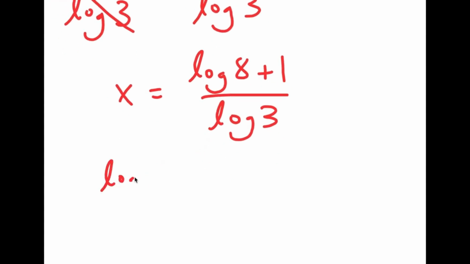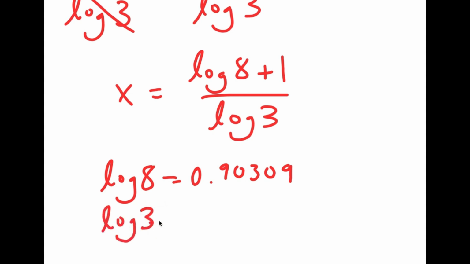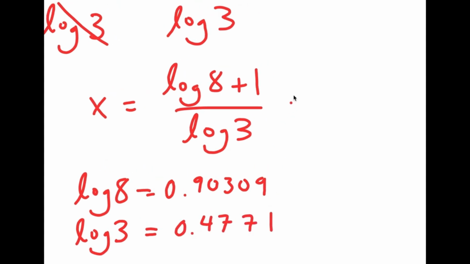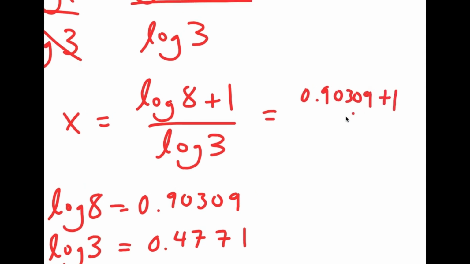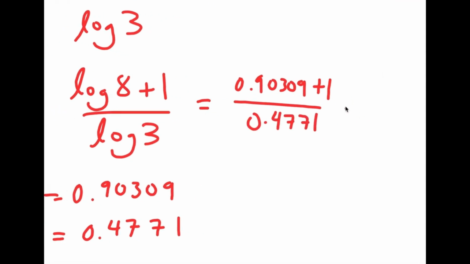Now, log 8 is equal to 0.90309, and log 3 is equal to 0.4771. So this is going to equal 0.90309 plus 1 over 0.4771.